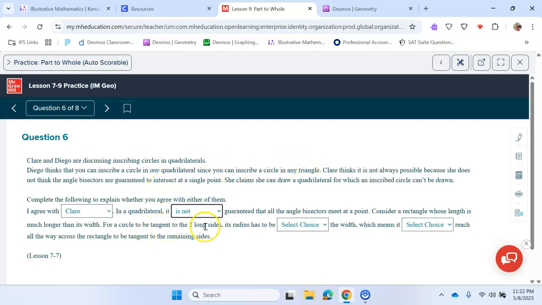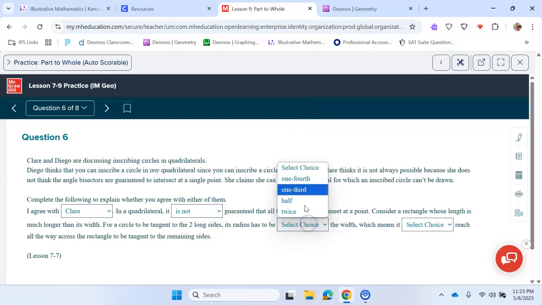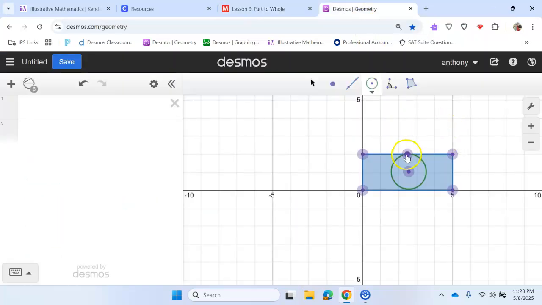For a circle to be tangent to the two long sides, its radius has to be half the width, which means it won't reach all the way across the rectangle to be tangent to the remaining sides. So you can see it's tangent to those two sides. It's not tangent to those two sides.